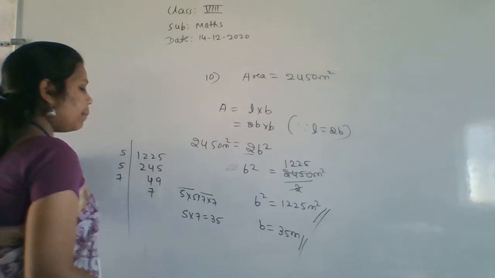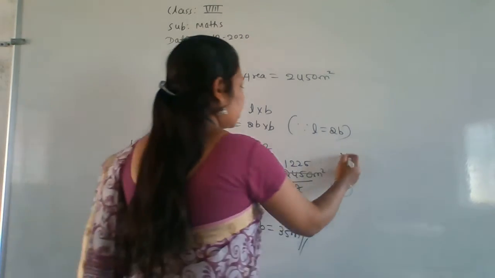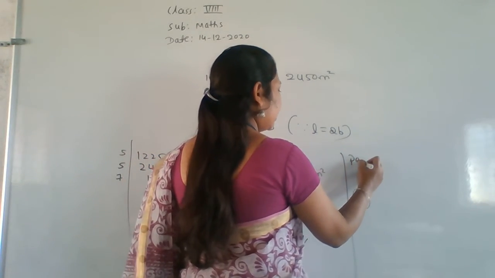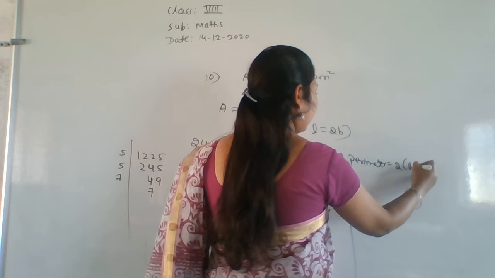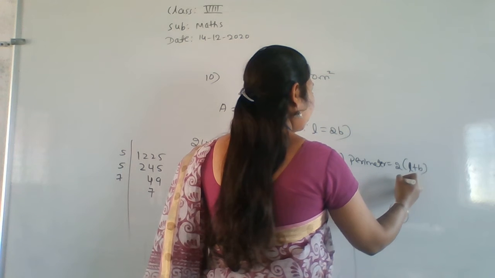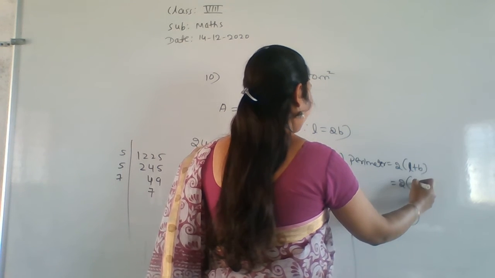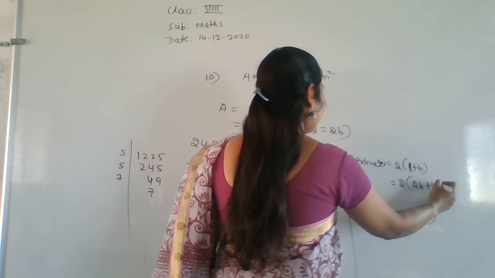Now find the perimeter. So the next step is we have to find the perimeter. Perimeter is equal to what formula? That is 2 into (l plus b), and l is what here? l is 2 into b plus b.